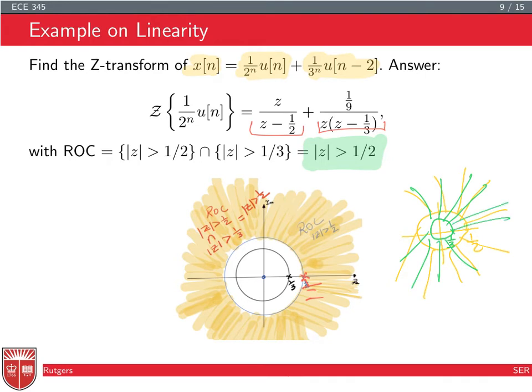The ROC of the sum is the overlap, which you can see is the ROC of the first signal, z bigger than 1/2. So it's everything yellow basically. That's what I mean by the intersection or the overlap.